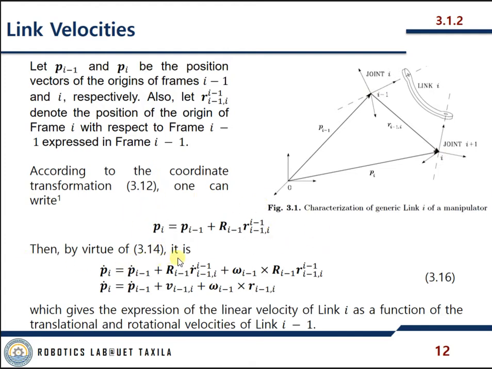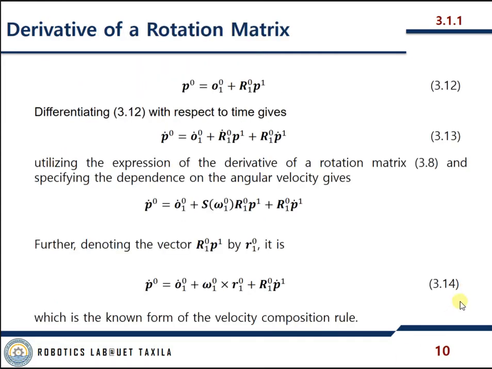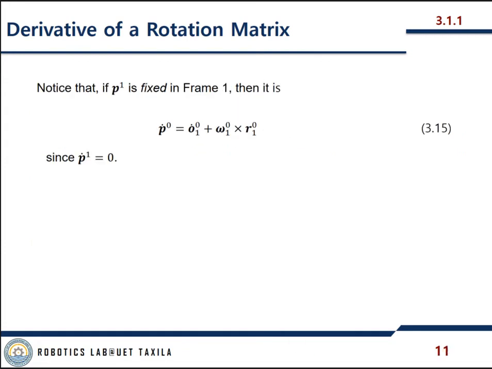Then by virtue of 3.14, which is this equation, please note that the velocity of the origin of the frame i with respect to frame 0 has a cross product, and then there is a rotation matrix with dot, and the rotation matrix being multiplied with the dot of the position vector.